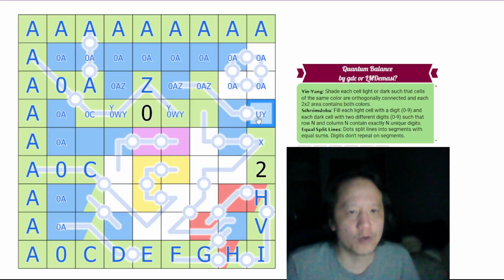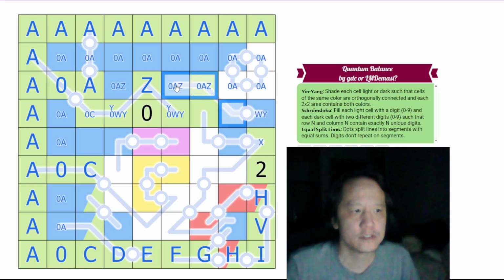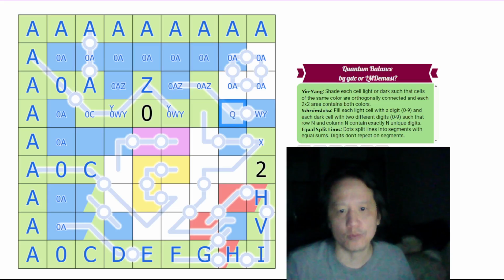If this is U and Y, we know these are 3 unique digits with 0, W, and Y, essentially. And we have A already in the row. So it would have to be W and Y is the sum of these digits. But again, we can't have 0, A, and Z, so that would mean WY equals W and Y here.